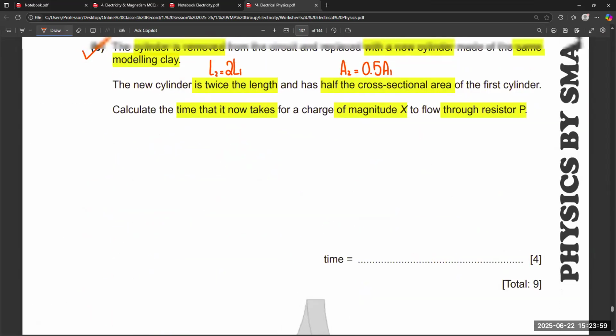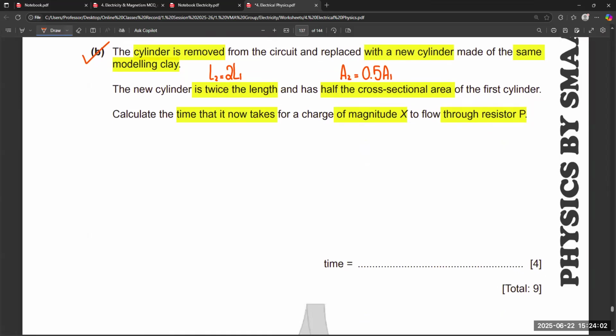We use the same idea, the factors affecting resistance. The formula is R equals L upon A. L2 is 2 times L1. A2 is 0.5 times A1. And 2 divided by 0.5 equals 4.